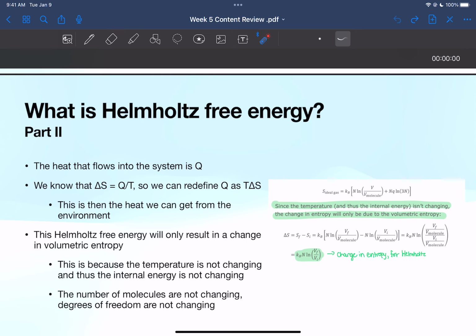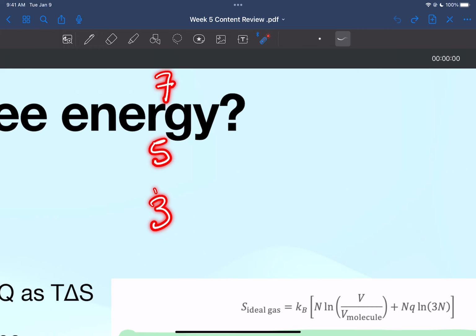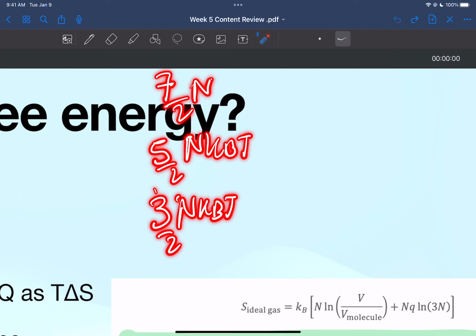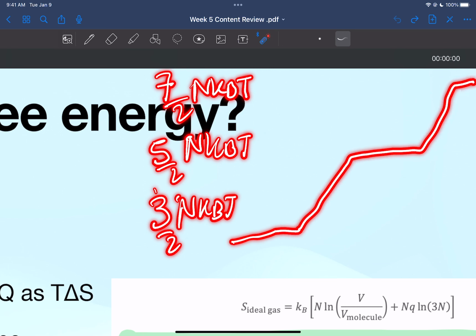If you remember that graph in one of the homeworks, with 3 degrees of freedom, 5 degrees of freedom, 7 degrees of freedom, it was 3 halves NKBT, 5 halves NKBT, and 7 halves NKBT, a step function. If you keep the temperature the same between your initial and final state, you haven't gone from 5 to 7 or from 5 to 3 degrees of freedom.